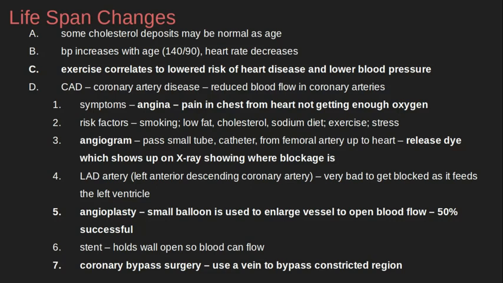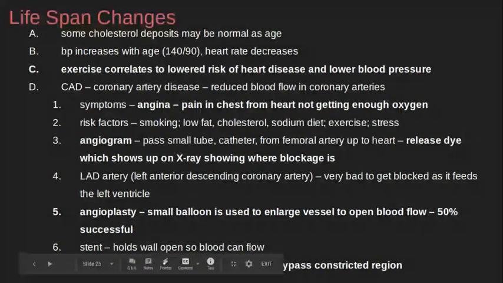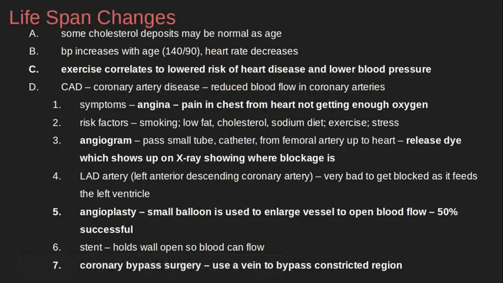Angiogram, that's a little tube that they put in there that releases dye, which shows up on an x-ray where a blockage is. So that's a test that they can do. Number 5, angioplasty is a small balloon that they use, and it enlarges the vessel to open up the blood flow, but it's only about 50% successful.